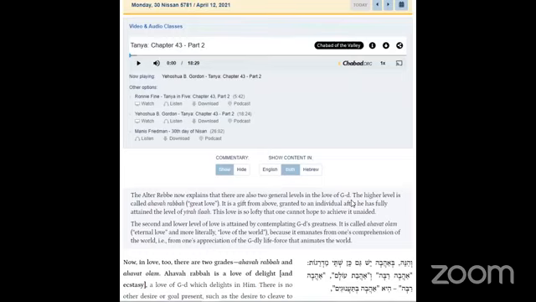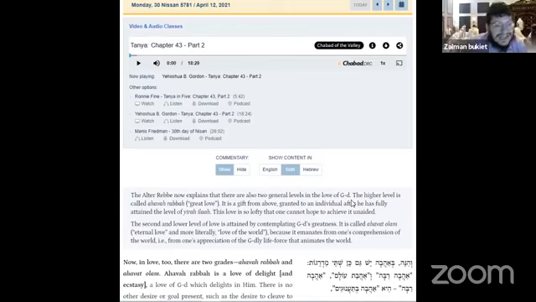And now we're going to talk about two levels in ahava, two levels in love of Hashem. There's fear of Hashem and there's love of Hashem.